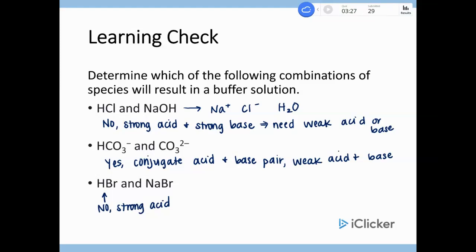In the buffer solution, we need both acid and base. Questions on this slide?